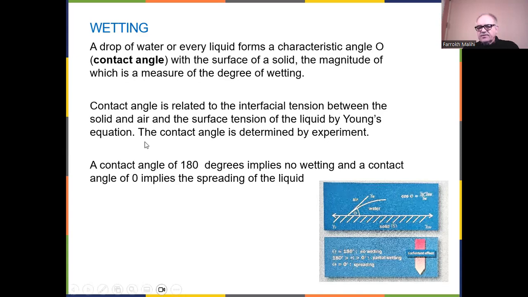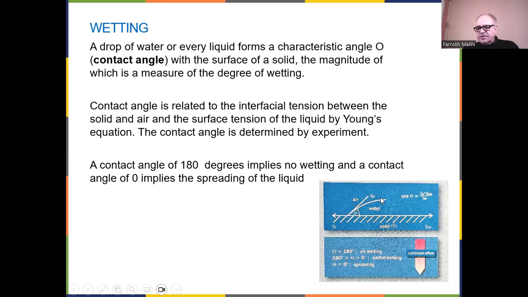This contact angle is related to the interfacial tension between solid and air and the surface tension of the liquid by Young's equation. And this contact angle can be viewed and actually measured experimentally. A contact angle of 180 implies no wetting.